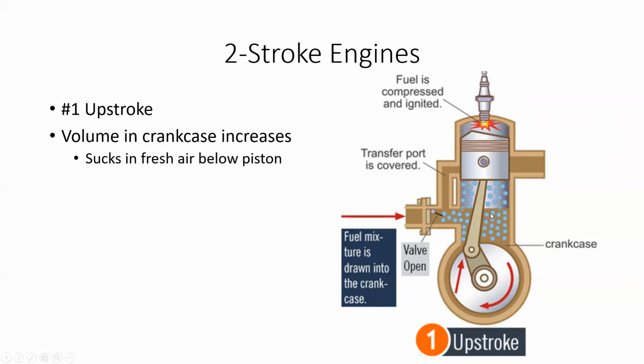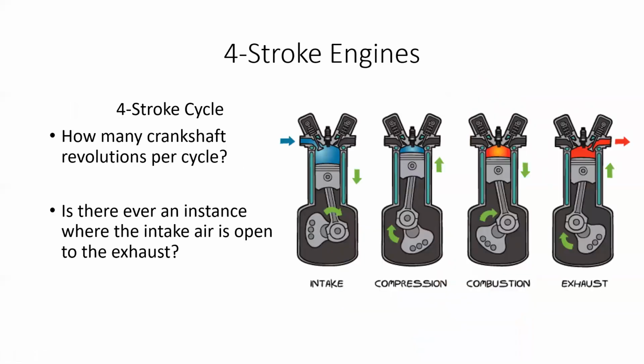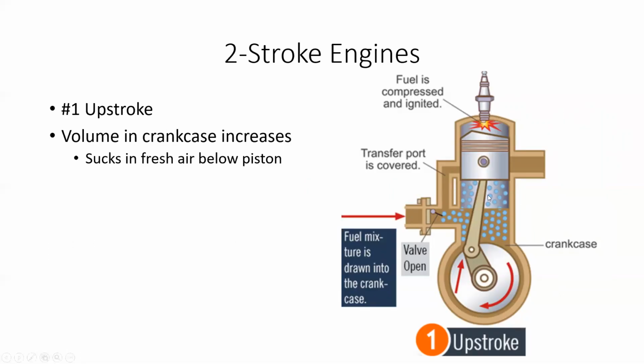When we think about a four-stroke engine, all the intake air being drawn into the engine, compressed and pushed out is happening above the piston, right? There's no intake or exhaust air open to the bottom of the crankcase or the block. It's different with a two-stroke engine. As the piston moves up, the volume below the piston increases, so it pulls the fuel and air in below the piston.